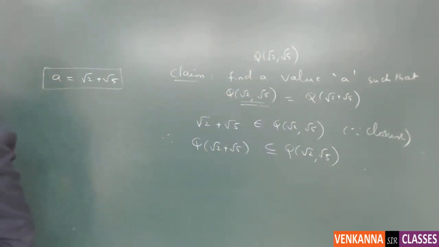Do you accept it? And now Q of root 2 comma root 5 should be a subset of this one. So let us go for that one.